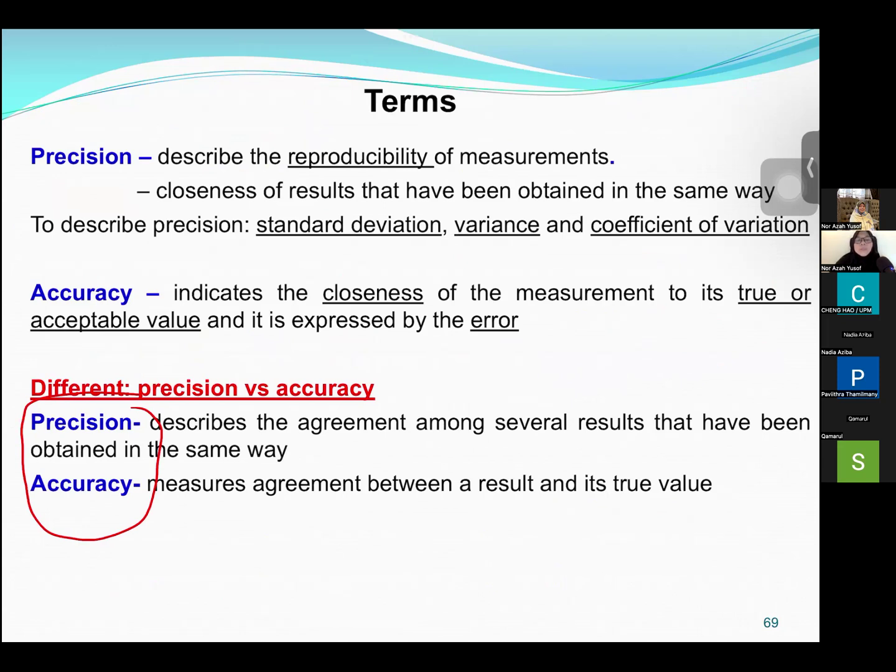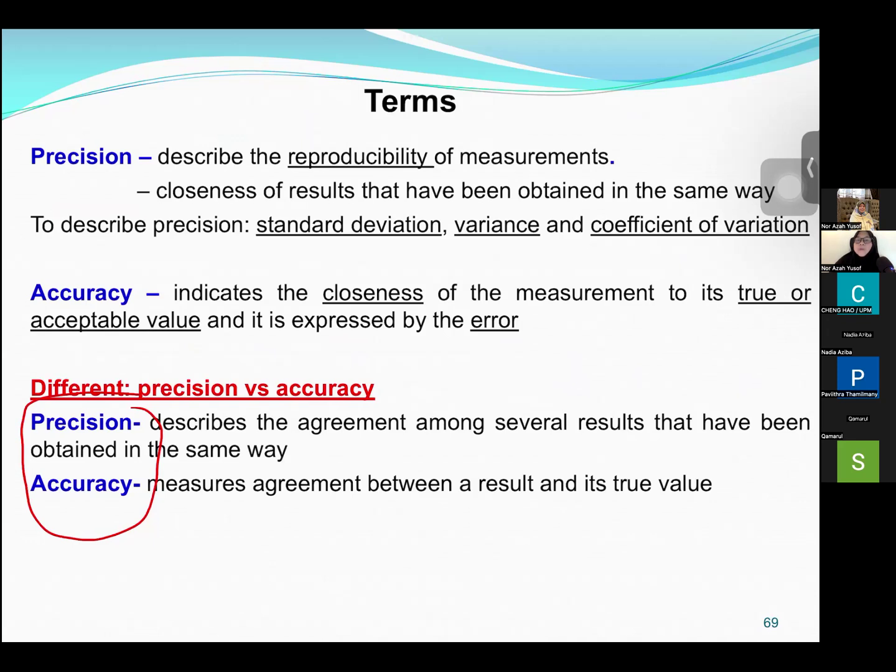Precision describes the agreement among several results. So when you do replicates, the data should be close to each other if you do it correctly.